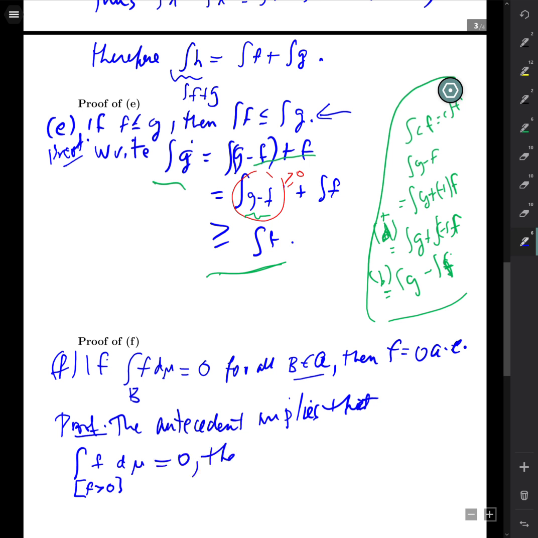That is, let's write that with the characteristic function now. The integral of f times the characteristic function of f greater than 0 d mu is equal to 0.